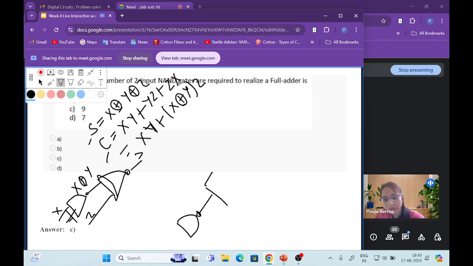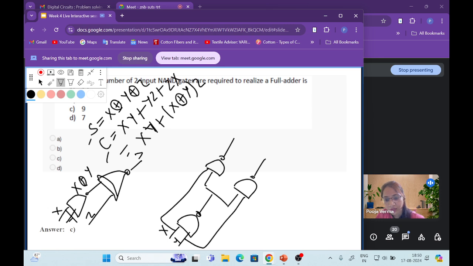So for the first XOR gate, first we need the 4 NAND gates. So here x and this one is y, x goes to one input and another to the other, and here we will get (xy)', right?